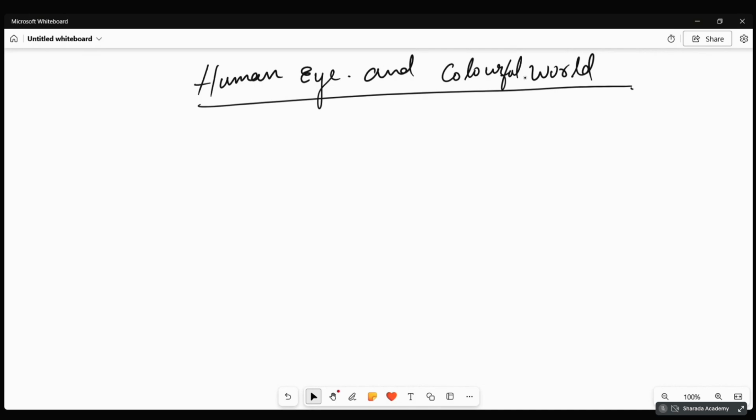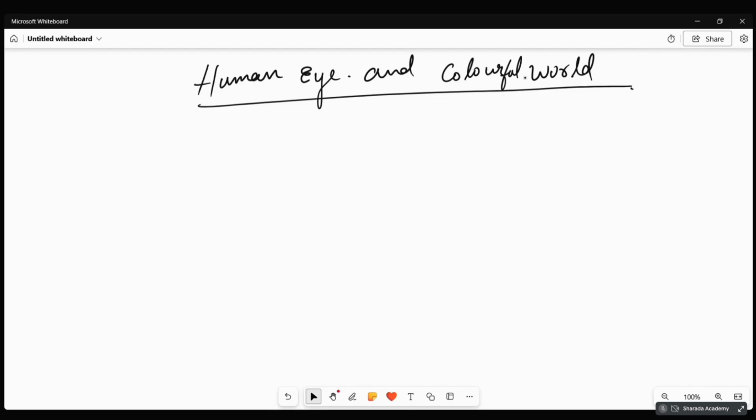When an image is formed properly on the retina, the vision will be very clear. That is, you can see the objects very clearly. So, what is the retina?